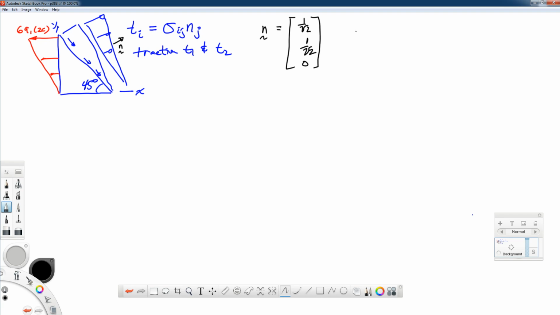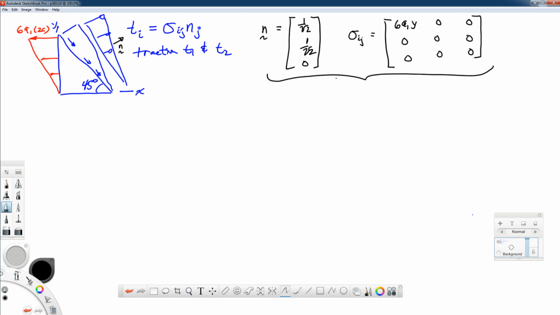Our stress tensor components, sigma ij, will look like this. 6a1y, where y is the variable, it changes as y changes, but all the other stress components are 0. Now, something that's really important, these two terms, if we do this multiplication, must be expressed in the same coordinate system.